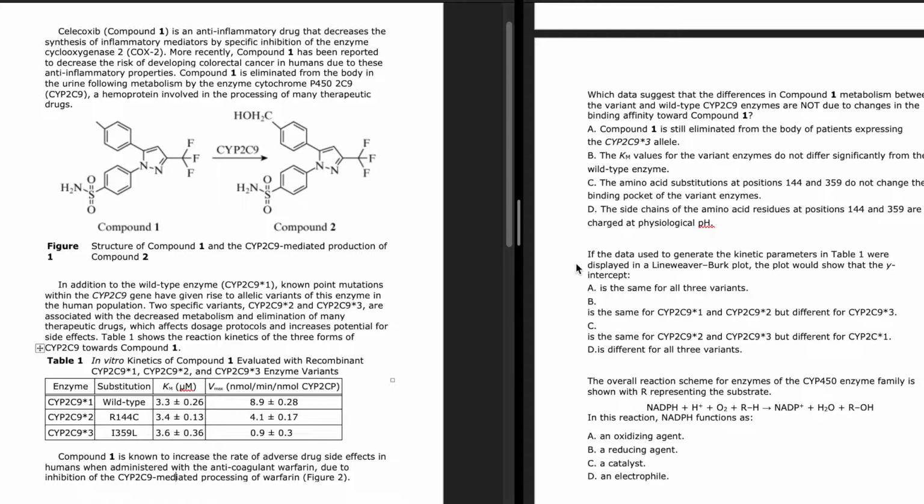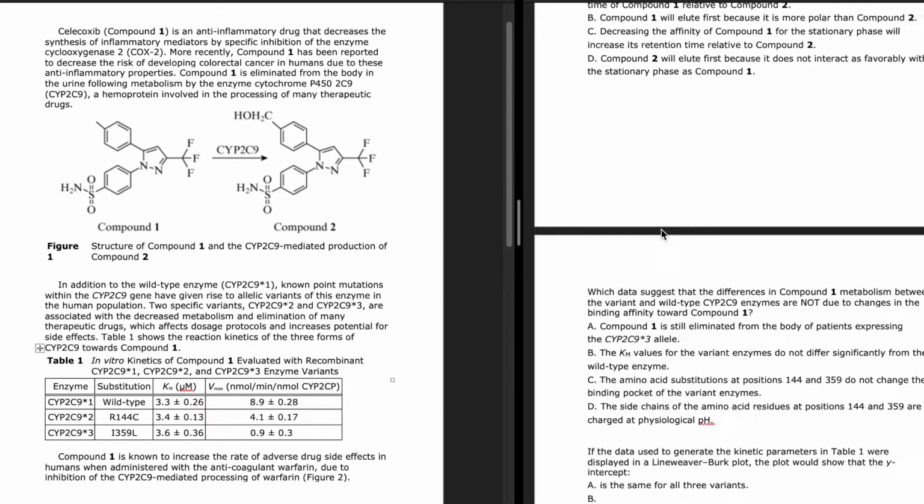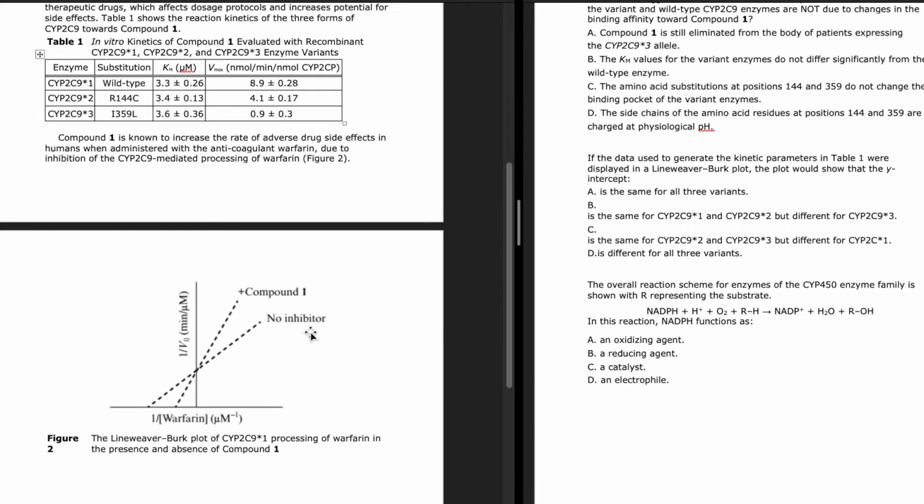Next question. If the data used to generate kinetic parameters in table 1 were displayed in a Lineweaver-Burke plot, the plot would show that the y-intercept, so again, I've identified immediately that this is a passage information question. It tells me I'm calling from table 1, and I remember from my chart that figure 2 shows this Lineweaver-Burke plot.